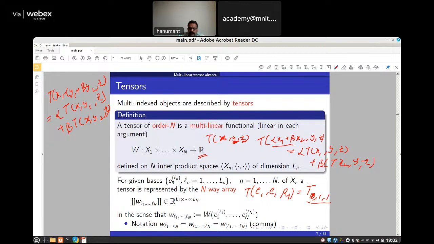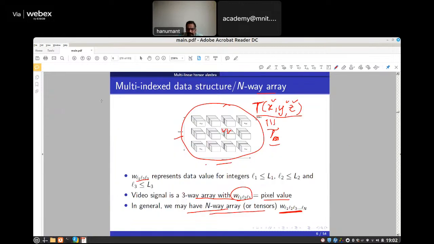I think I represent it as W111. So I will take the tensor E1, E1, E1, where E1 is the standard basis. What is the standard basis? 1, 0, 0, and so on. Okay, it will give me W111.